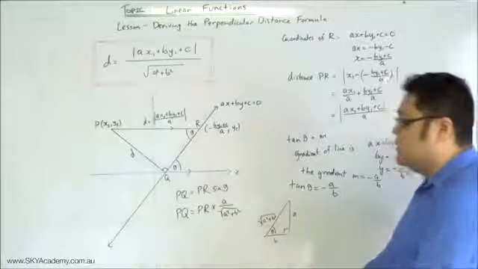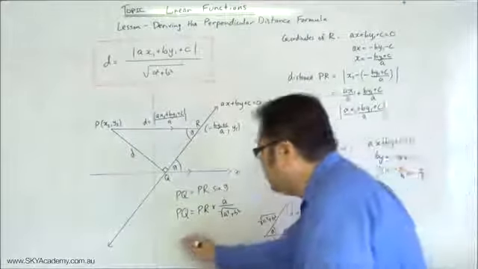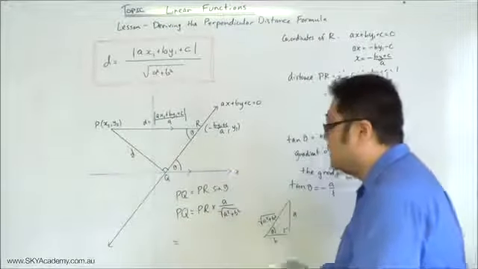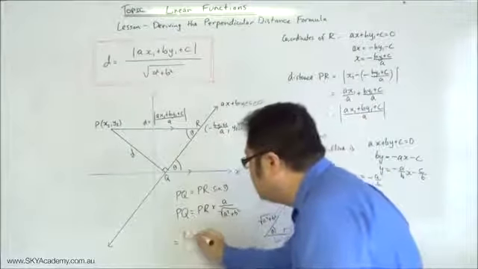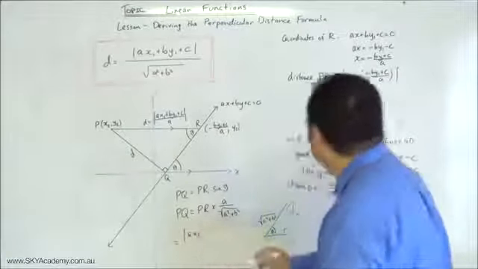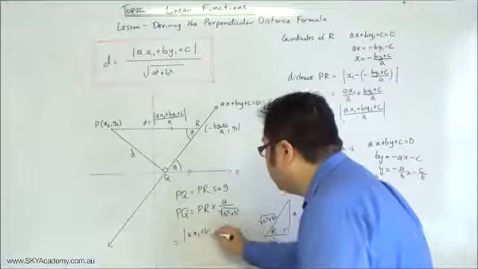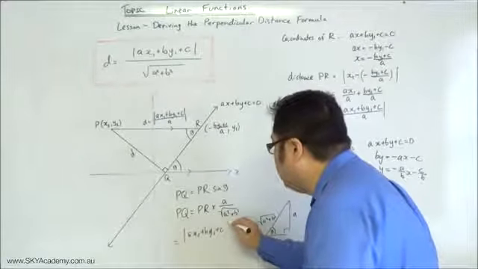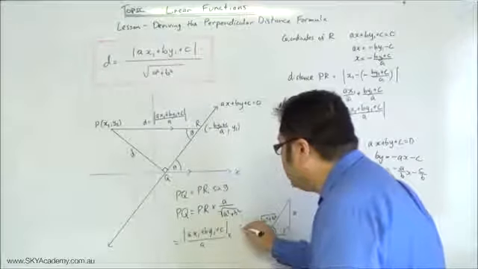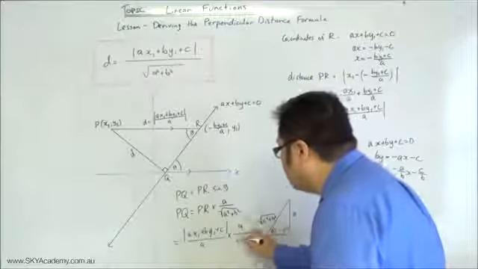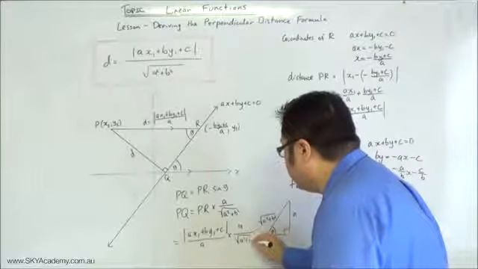Okay? Does that make sense? Now all of that is equal to PR, which is equal to the absolute value of ax1 plus by1 plus c, absolute value, all over a, times a, all over the square root of a squared plus b squared.